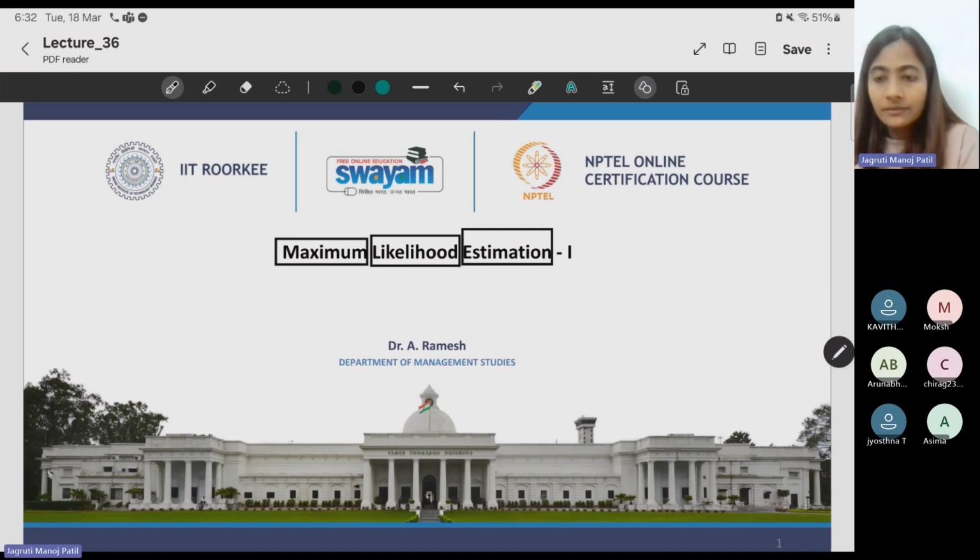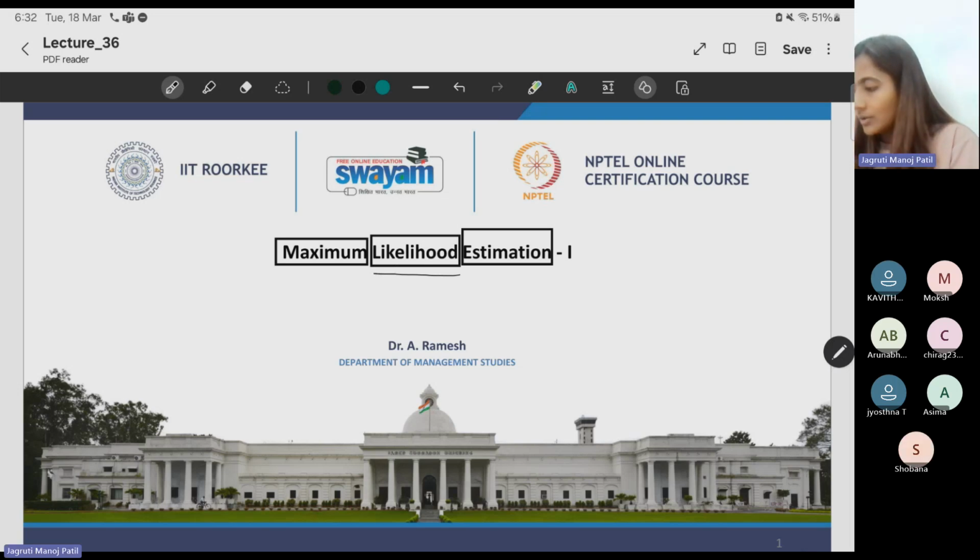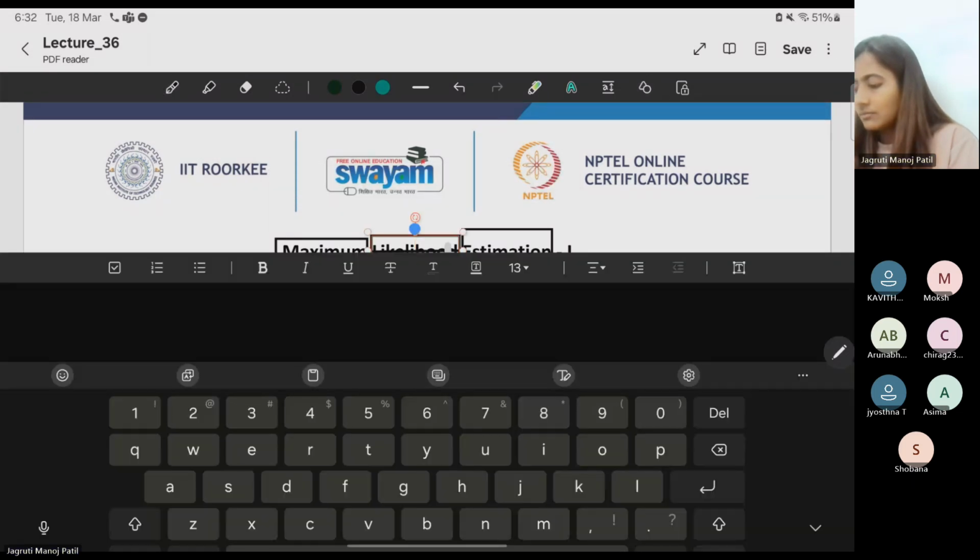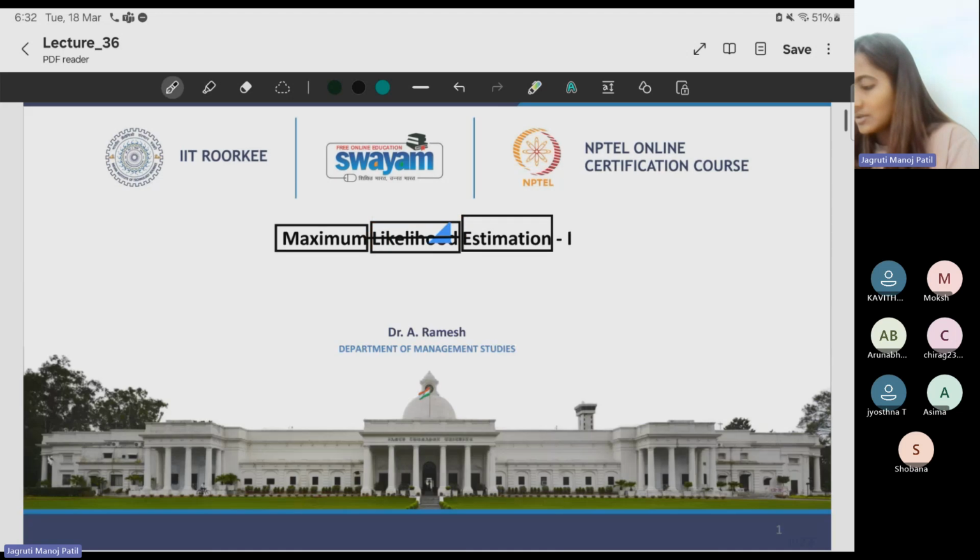Now here, the first thing you have is your likelihood function.